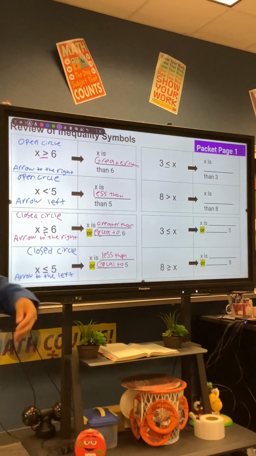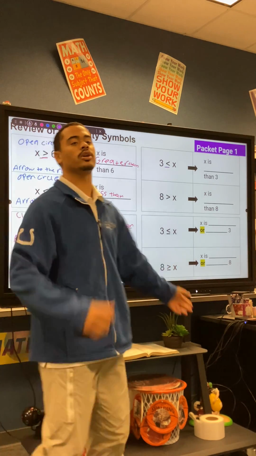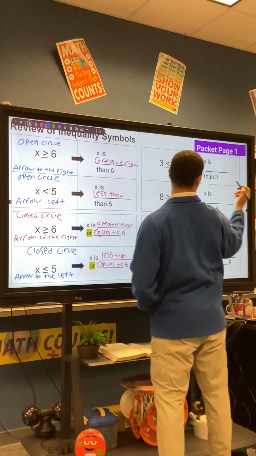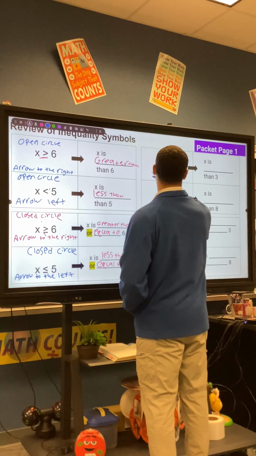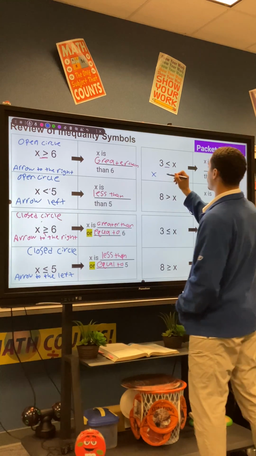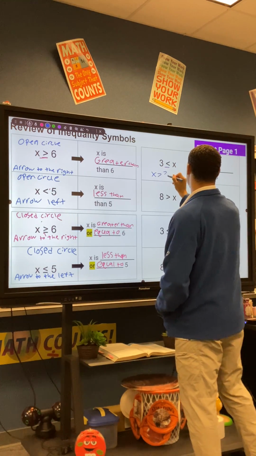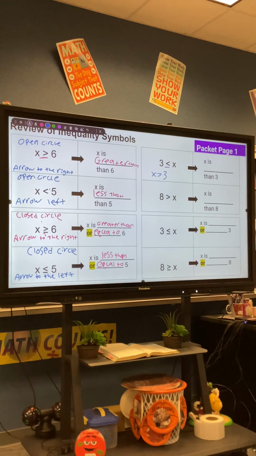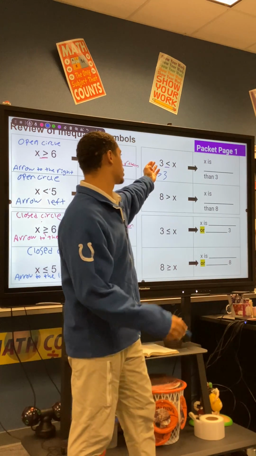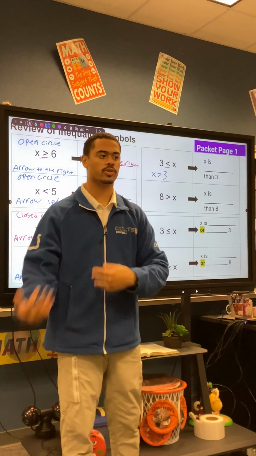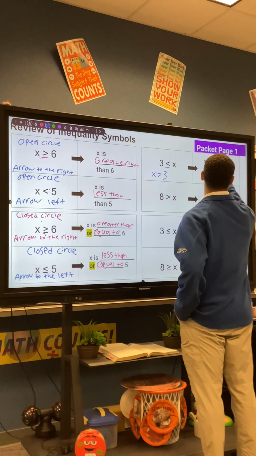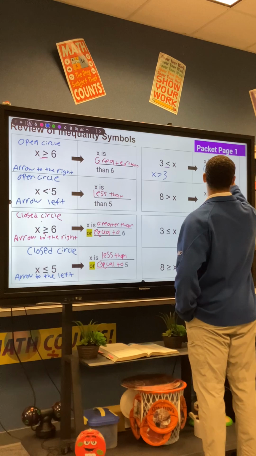Now, the thing is, when you have your number before your variable, we're going to ask you to flip it or rewrite it. So for one, we're going to rewrite it as x. Miss Mitchell likes to call this an arrow. My arrow is pointing at my 3, so it still has to point towards my 3. So you can read this as 3 is less than x, or rewriting it, x is greater than 3.